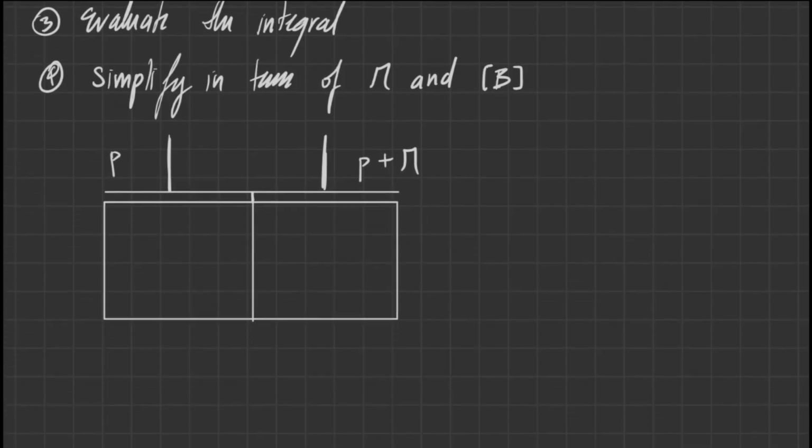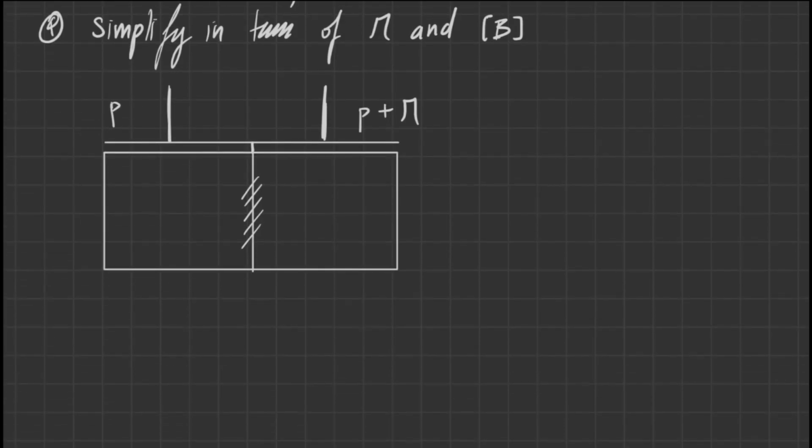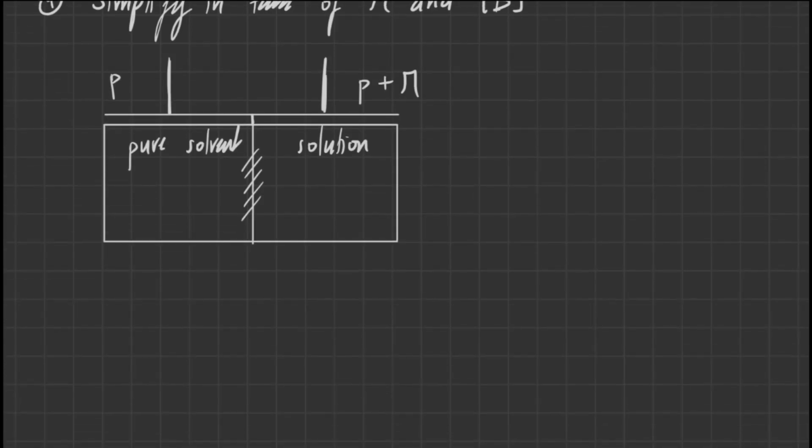Say that this membrane, or this divider, is semi-permeable and it allows only the solvent A through. On the left you have a pure solvent, and on the right you have the solution of solute B and solvent A.